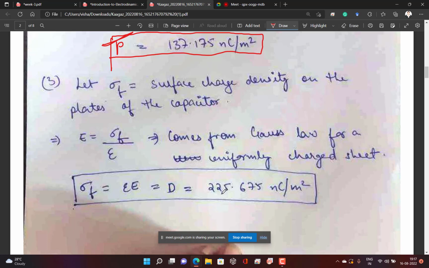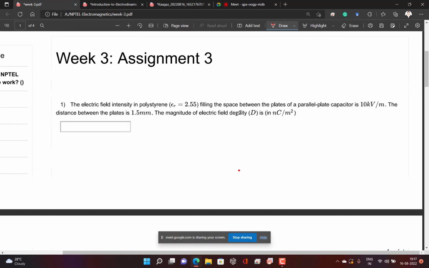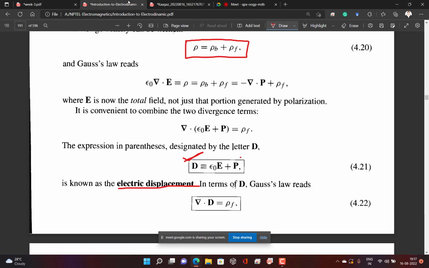Alright. So surface charge density will be how much? Epsilon into E, that is equal to D. So you just have to put the values and you will be able to find out.